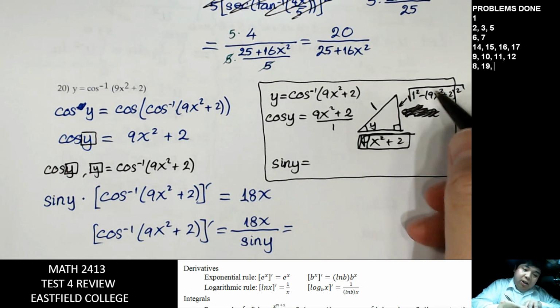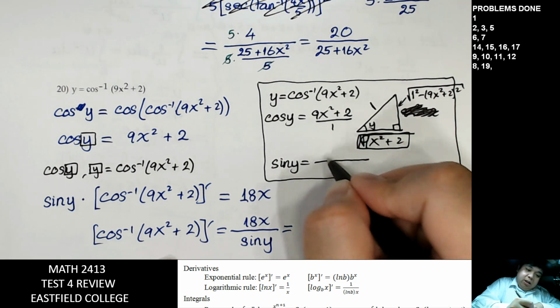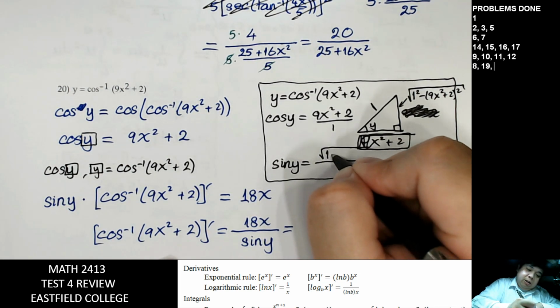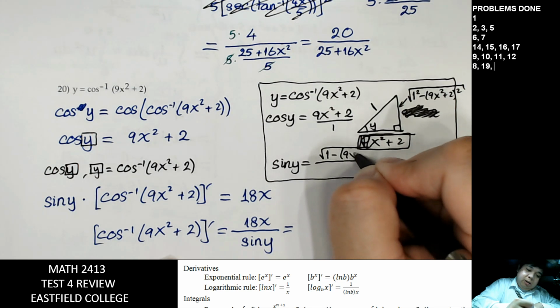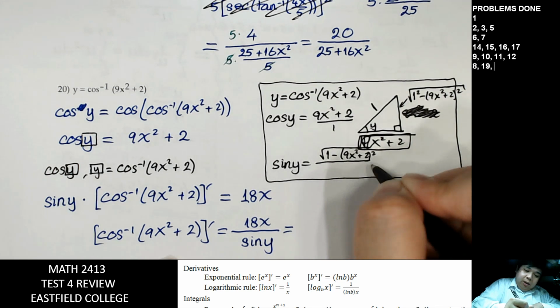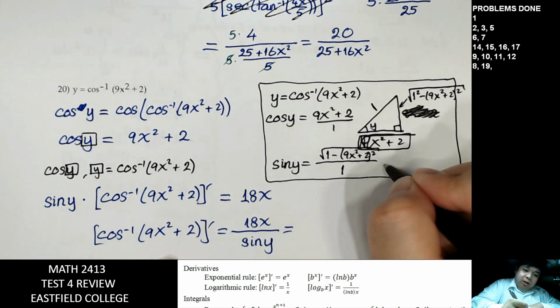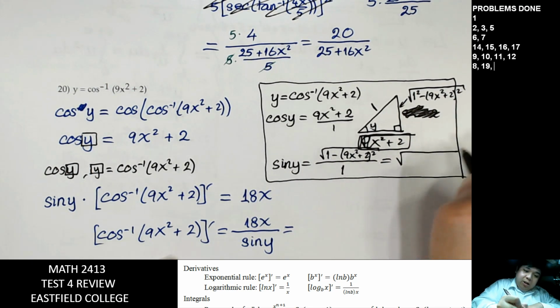So that is the opposite, and the sine is opposite over hypotenuse. So pretty much just the square root of 1 minus 9x squared plus 2, squared.